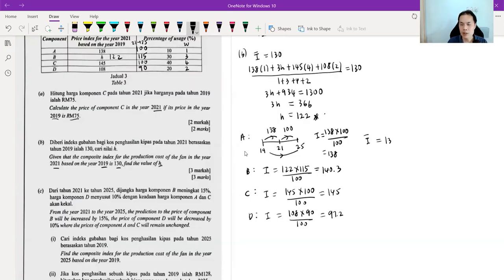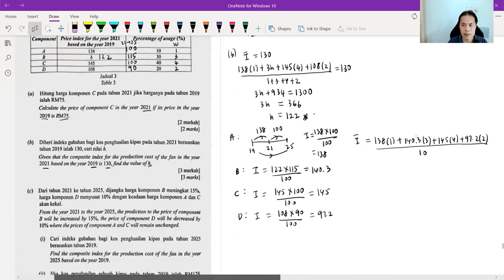So we take 138 multiplied by 1, take 140.3 multiplied by your H, this one is 3, and then 145 times 4, lastly 97.2 times 2, divide by total weightage, which is 100. I don't have to recalculate. We know total weightage is 100. Okay, let's move it over a bit.